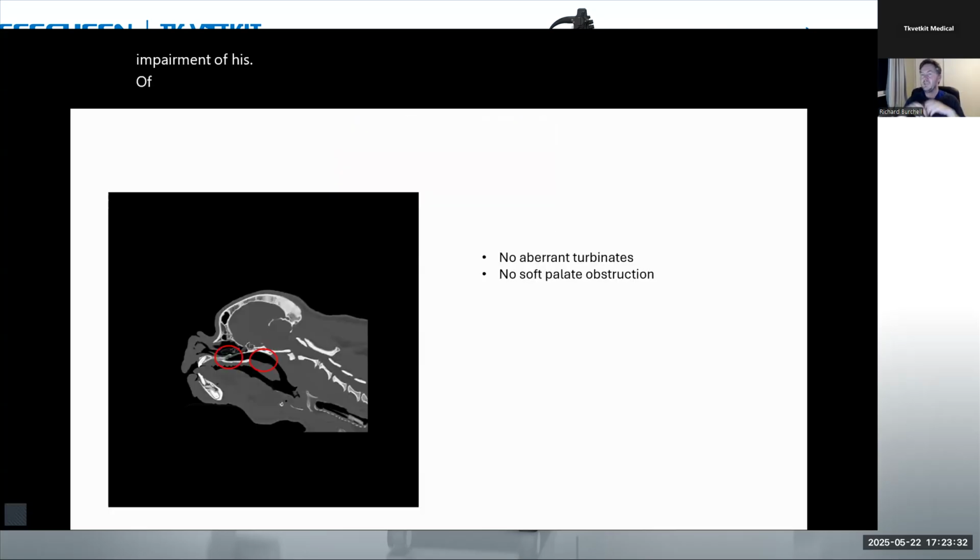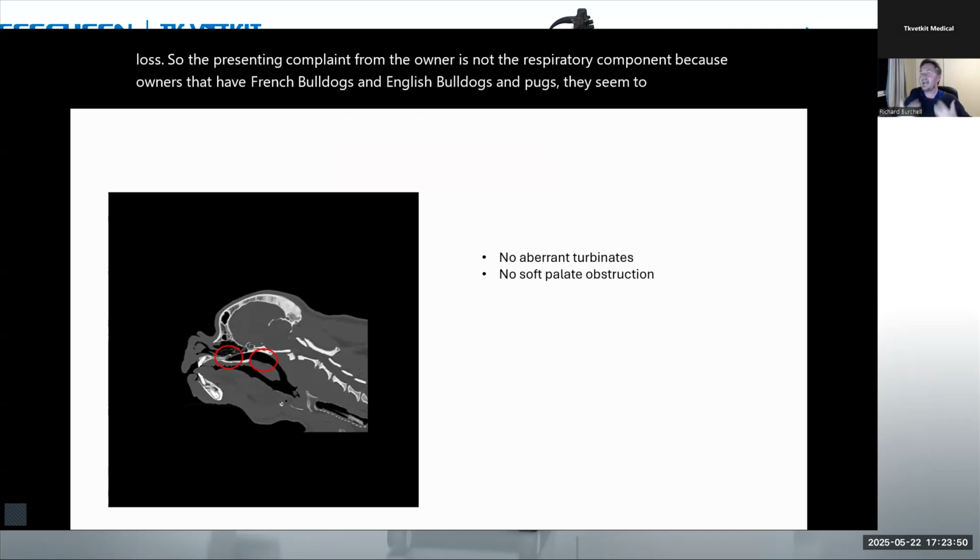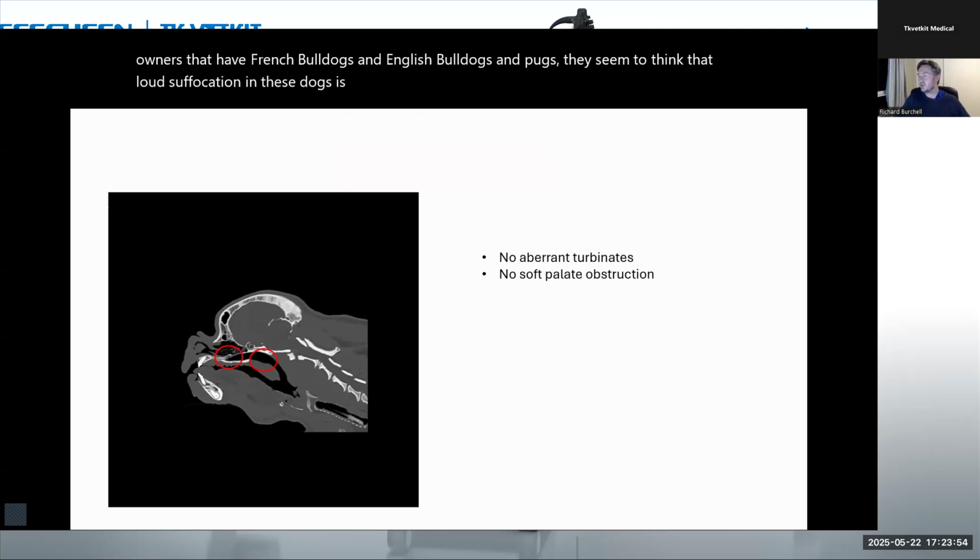Now, this dog was presented for vomiting, which actually is regurgitation or reflux, and weight loss. So the presenting complaint from the owner is not the respiratory component, because owners that have French bulldogs and English bulldogs and pugs seem to think that loud suffocation in these dogs is normal. So the dogs will come in and they can hardly breathe, and the owners think that this is normal.